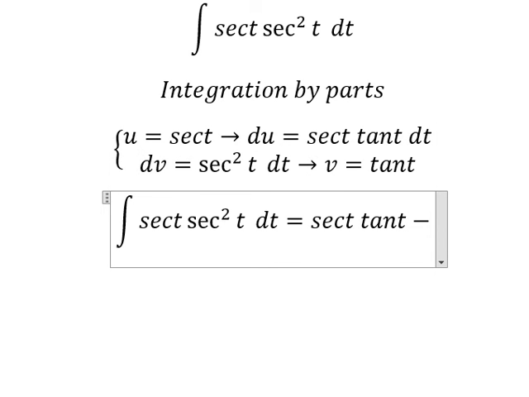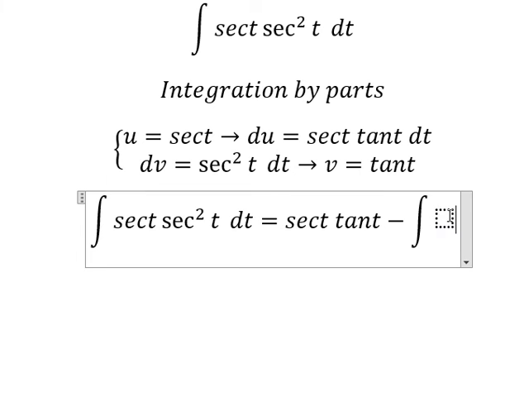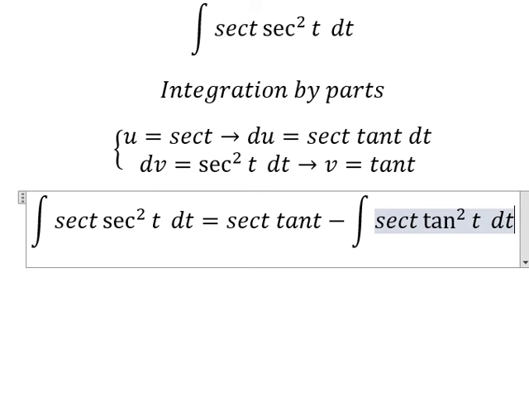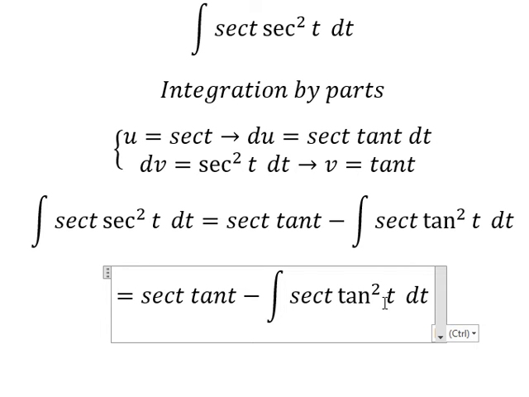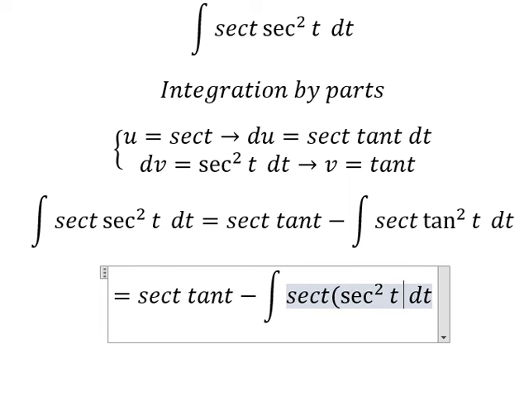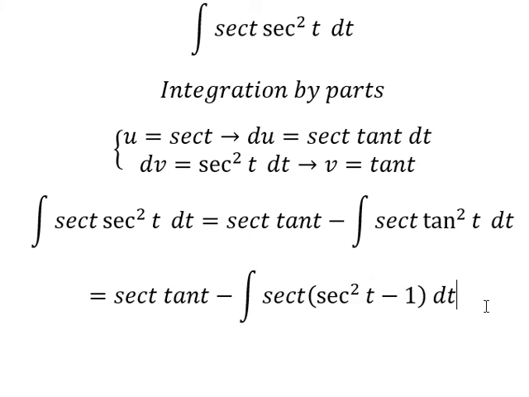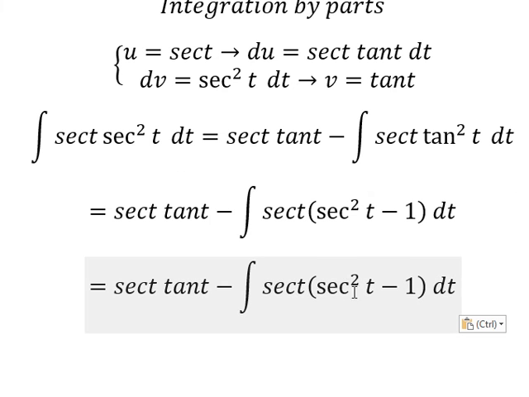So we have the integration of secant of t tan t squared dt. About tan t squared, we can change it into secant of t squared minus 1. And then we have secant of t squared multiplied by secant of t, and negative 1 multiplied by secant of t.